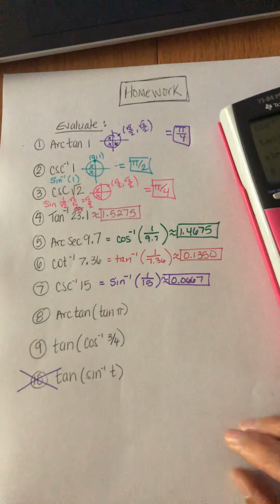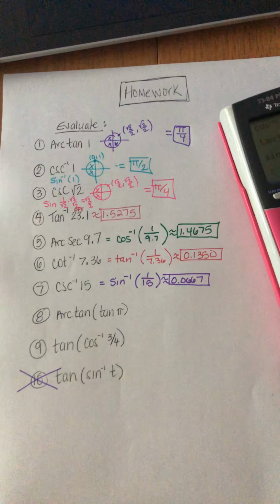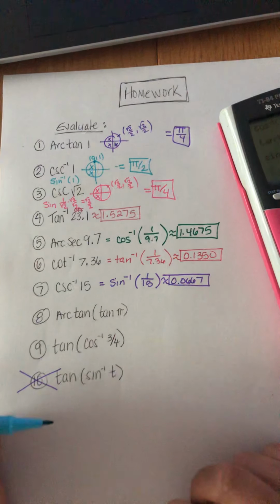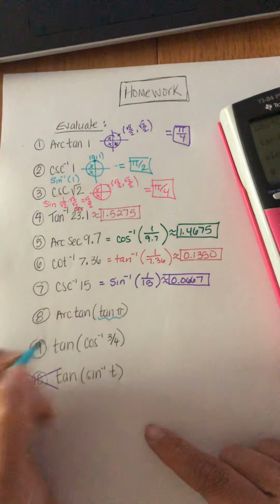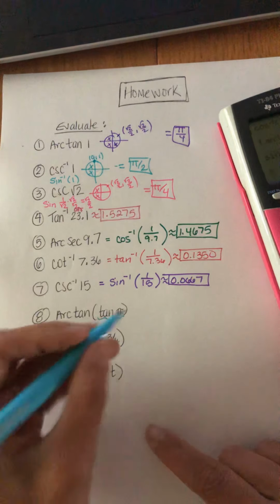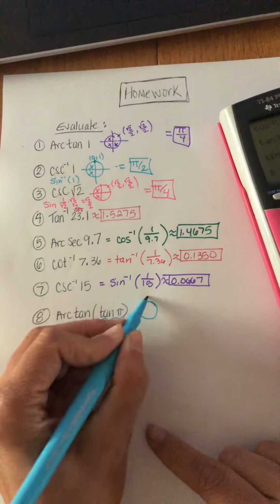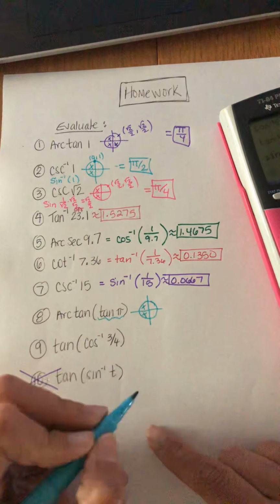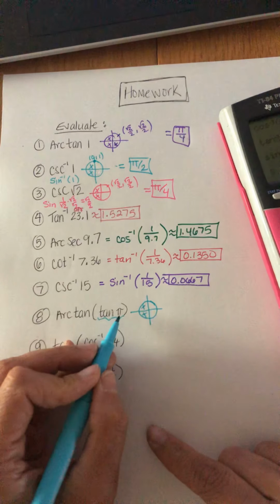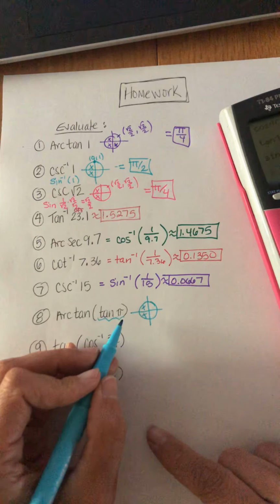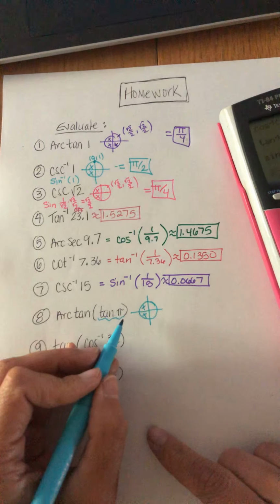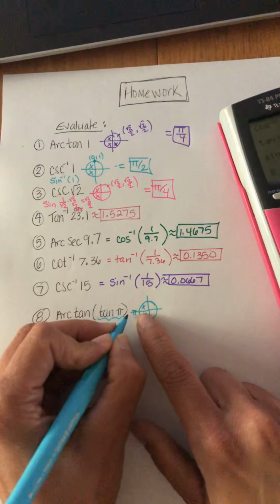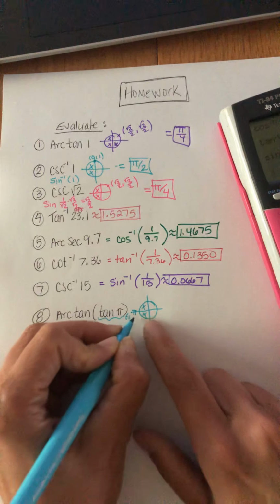Okay. Number 8, we have the arc tangent of the tangent of pi. Remember, we have to start from the inside out, so start with tangent of pi. Tangent on the unit circle is on the right side of the graph, so the left is x'd out. And tangent of pi would be, pi is right here, the coordinate where x is -1, y is 0.